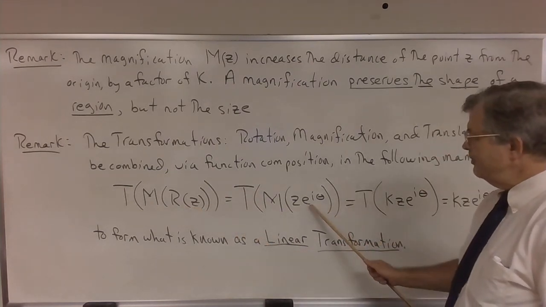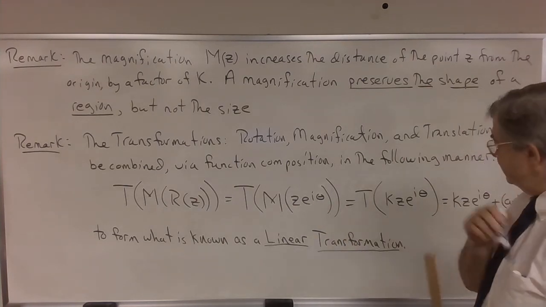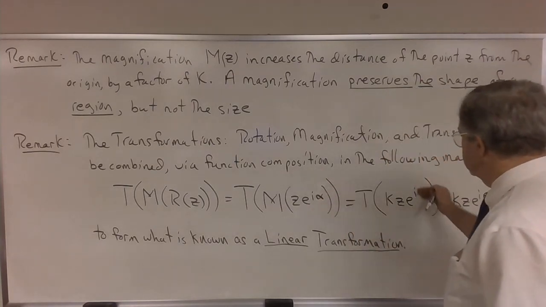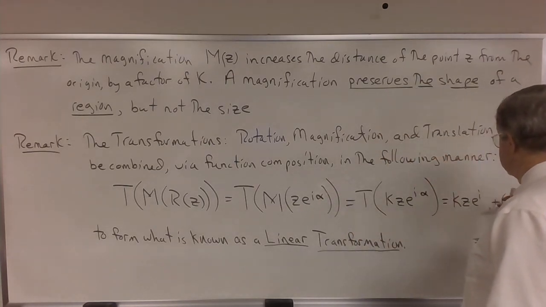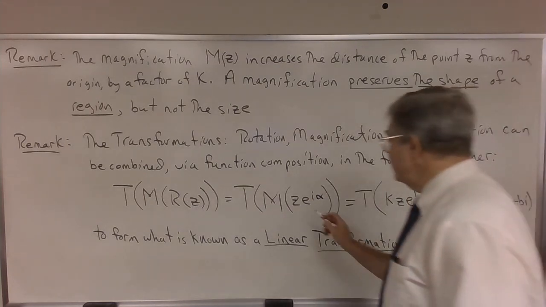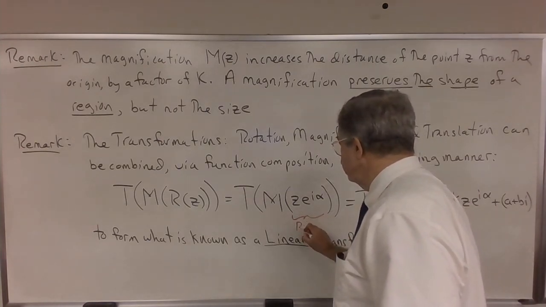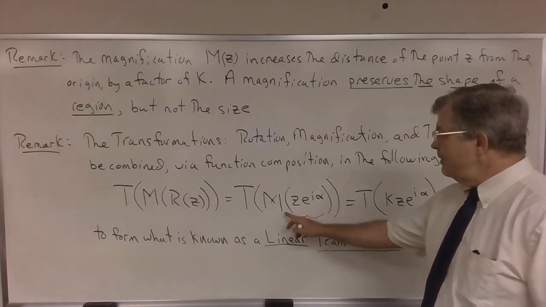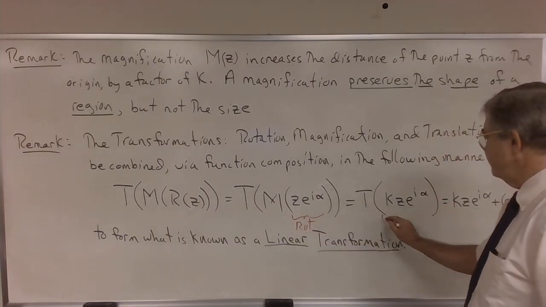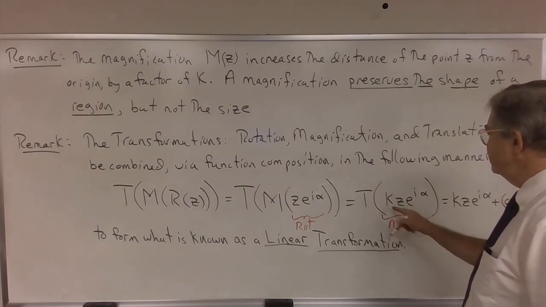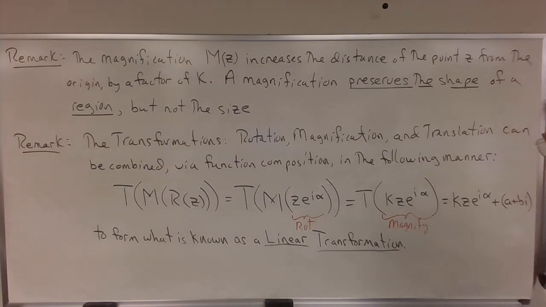It rotates it about the origin by an angle of, let's say alpha. So this is our rotation. And then we take the rotation and we magnify it, multiplying everything by the constant k. And then finally, this is the translation.